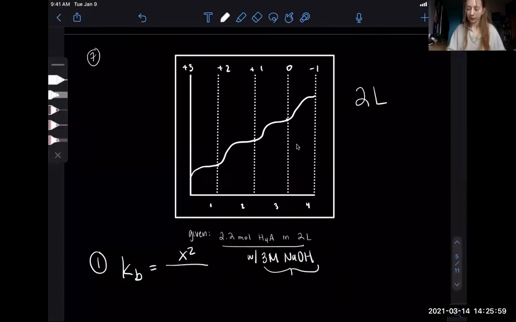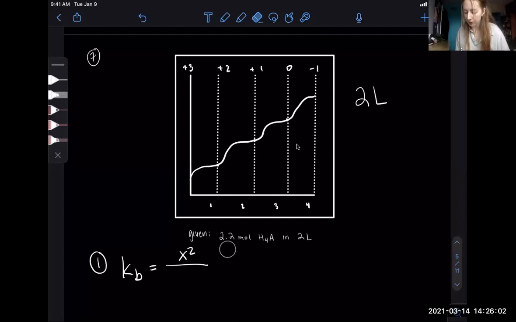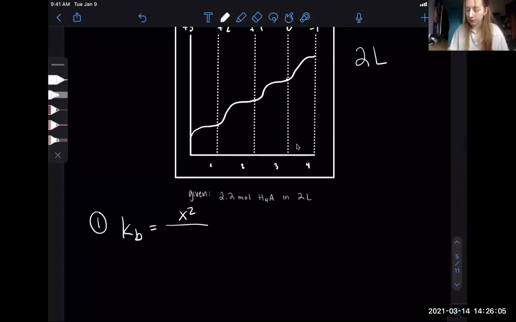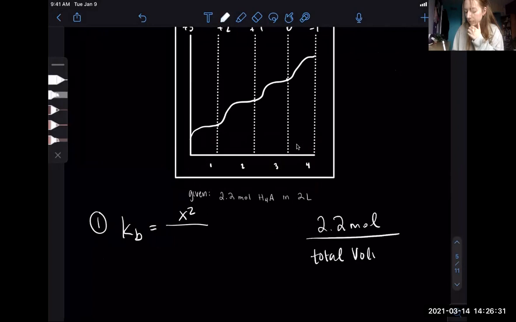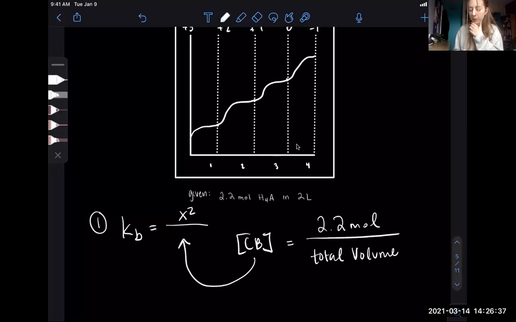So we can do an example. We're going to go through many examples today, especially with the practice quiz. So just moles of acid divided by total volume after adding 3 equivalents of base would work, to find the endpoint molarity of your conjugate base, yes, exactly. So you would do 2.2 moles divided by the total volume to find the concentration of conjugate base at the end. And then with that, you'll put it over here. Okay, so hopefully that makes sense.